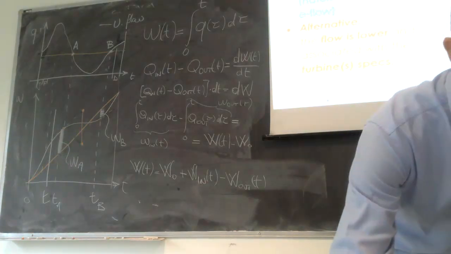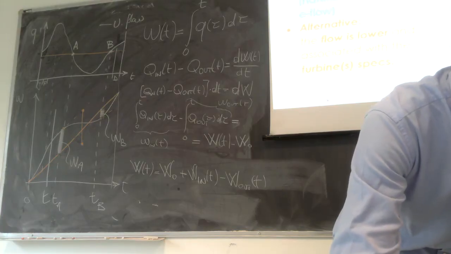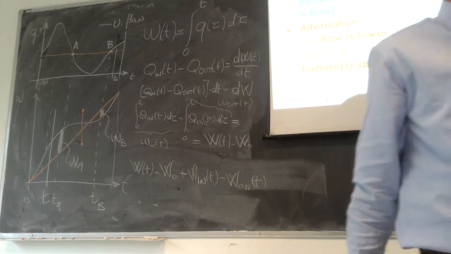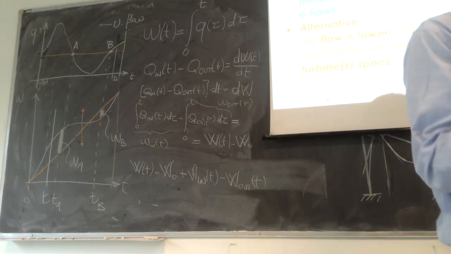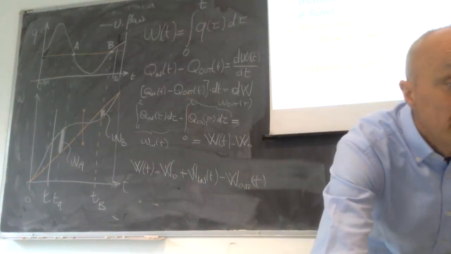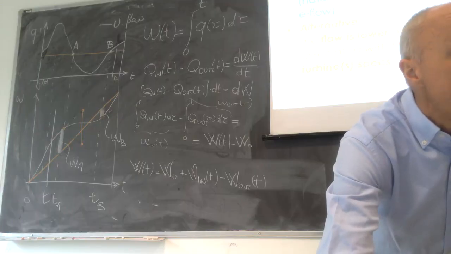So between this time and this time, we need to store water. From this moment onward, we don't need to store water anymore because we have more flow than what we need, right? And so again, the distance between these two enveloping lines is the capacity.